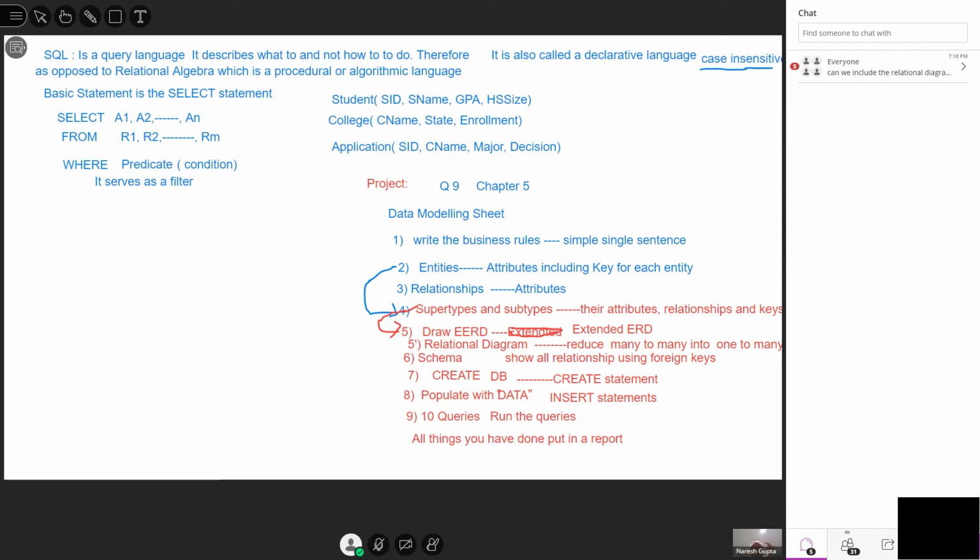Because it's very important that you go through the whole exercise, and in the end, no, there's no example project. Well, you've been doing EERDs, so that's the example project. Okay. So the most important thing here is this.